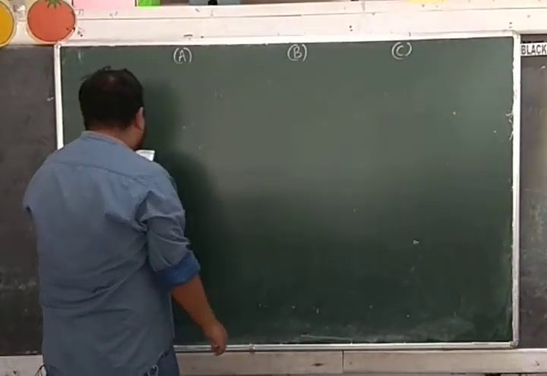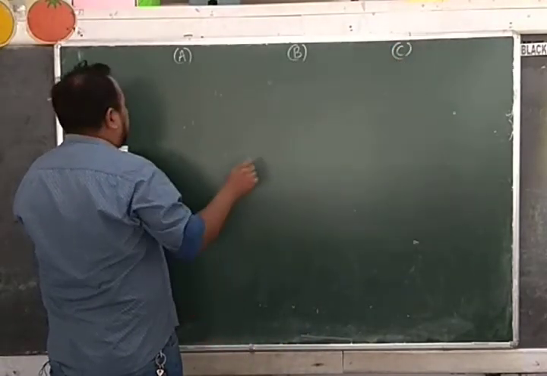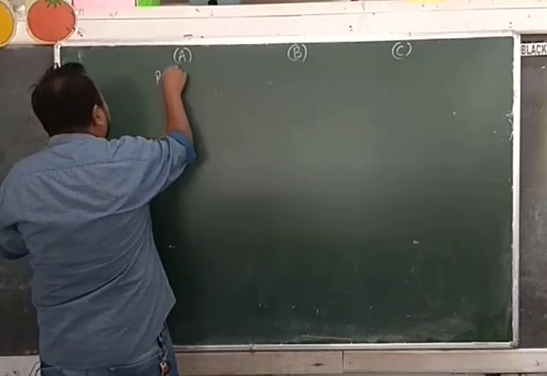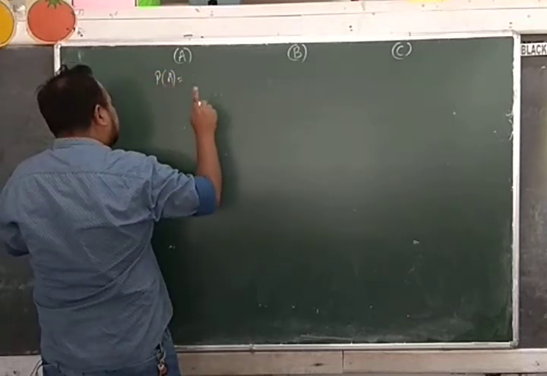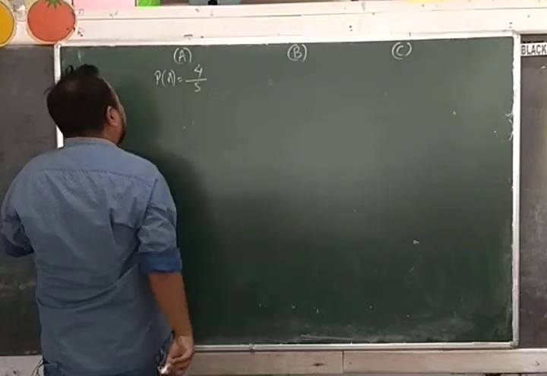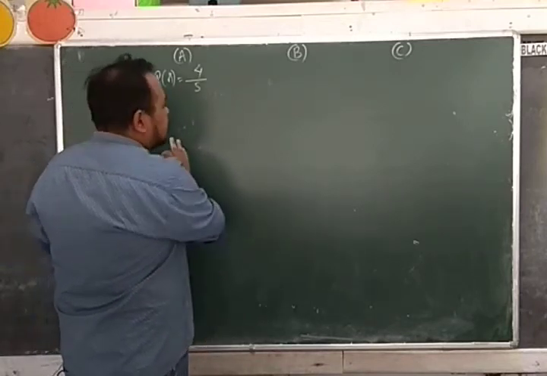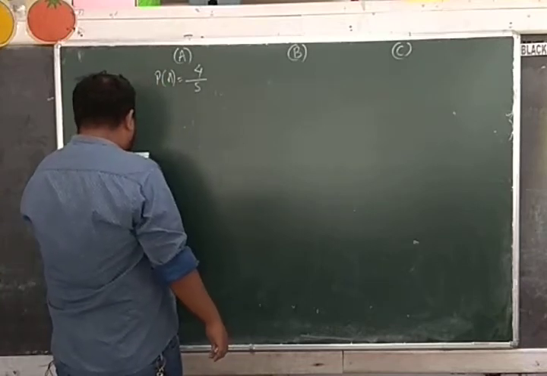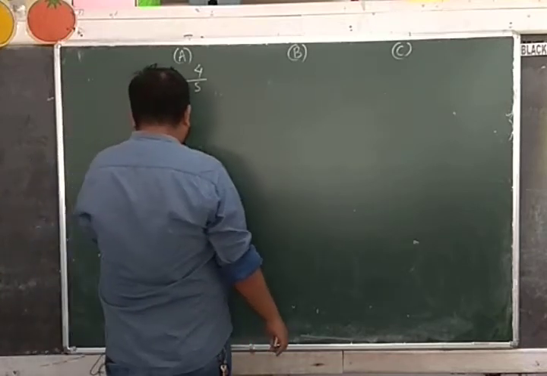A hits the target 4 times in 5 tries. That means he's getting 5 chances, and out of that he is hitting it 4 times. So this is given. Next, B hits 3 times in 4 tries.